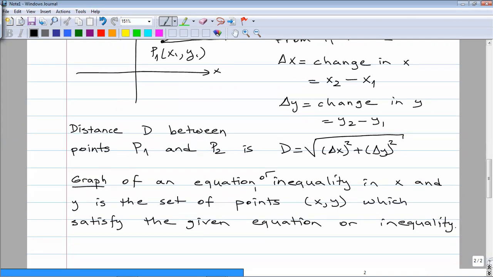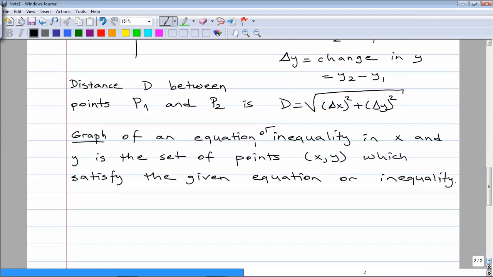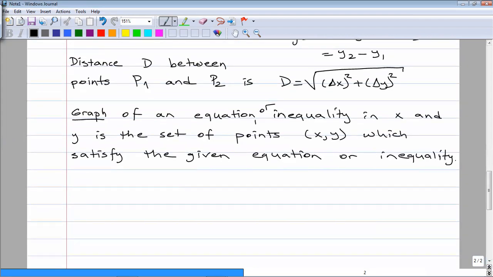Now, the most famous one we will keep using in this course is the equality or inequality to describe a circle or a disk. So if you take, for example, x squared plus y squared equals 1, this is a circle of radius 1, centered at the origin.